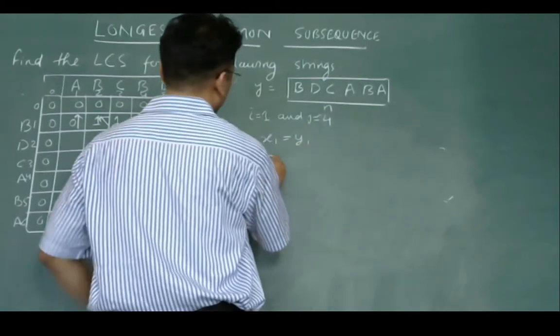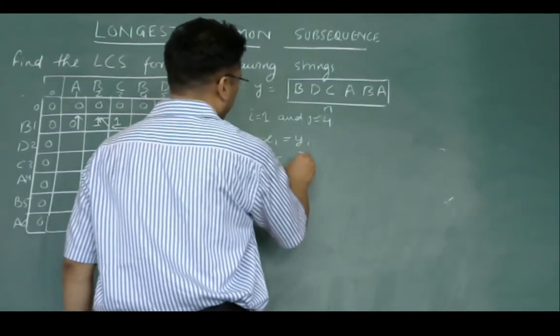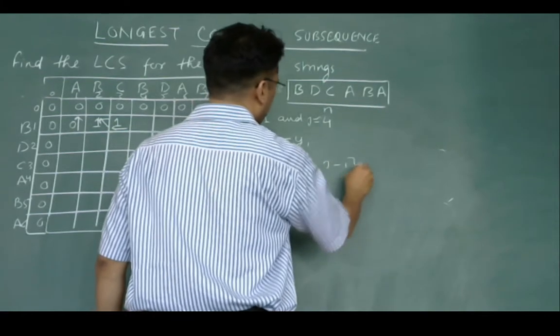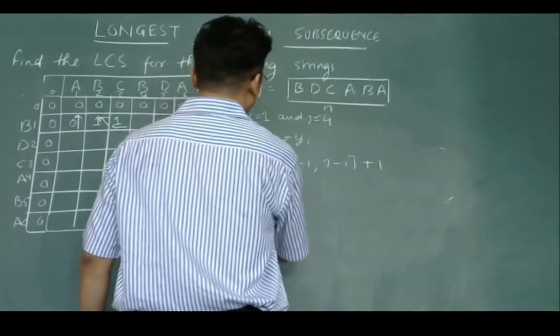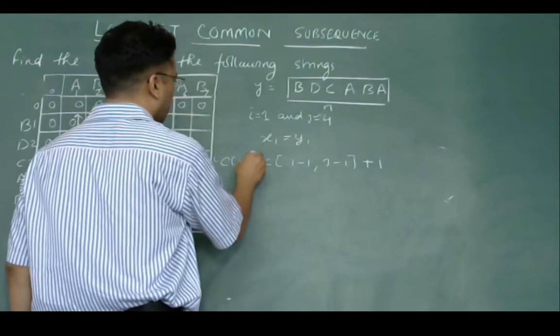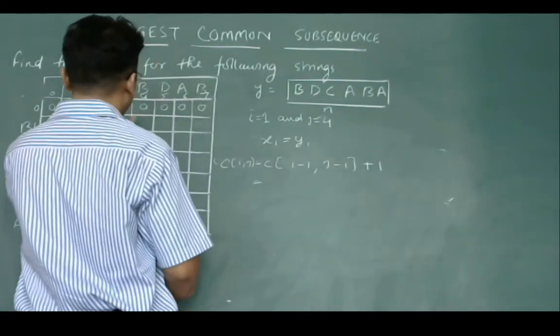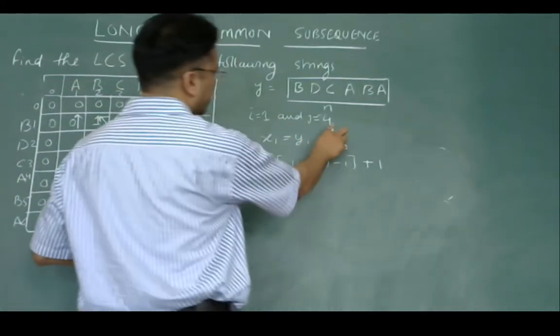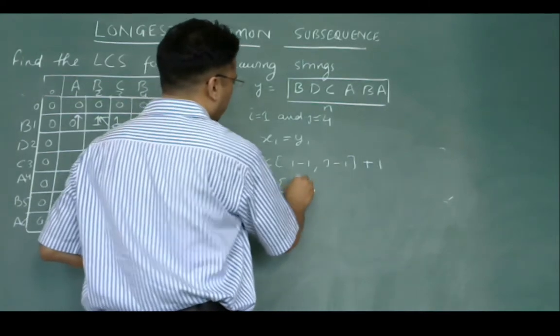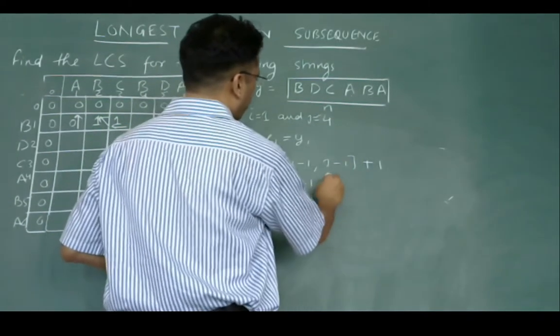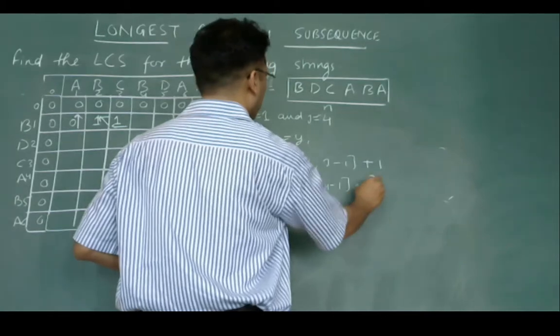So in this situation the value will be c of i minus 1 comma j minus 1 plus 1. So it would be c of i j equals to, with i equal to 1 and j equal to 4, c of 1 minus 1 comma 4 minus 1 plus 1.